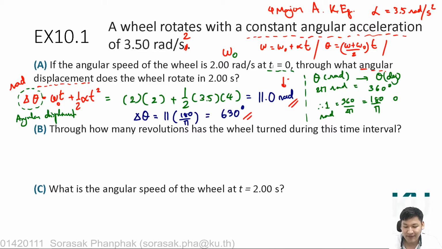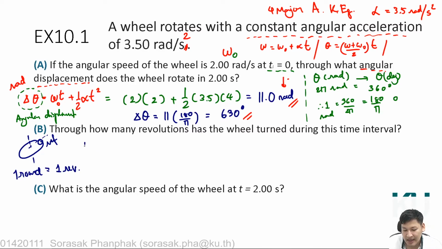How about if you would like to count how many revs? A rev is the way that the object rotates and revolves one round. We represent it as a rev. So if the object rotates back to the same reference position, one round is equal to one rev.